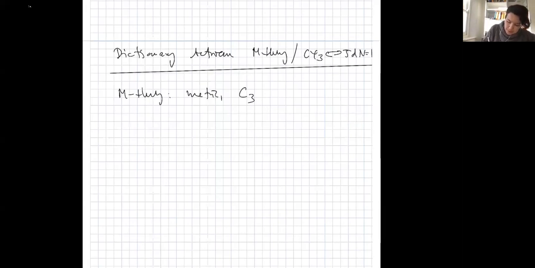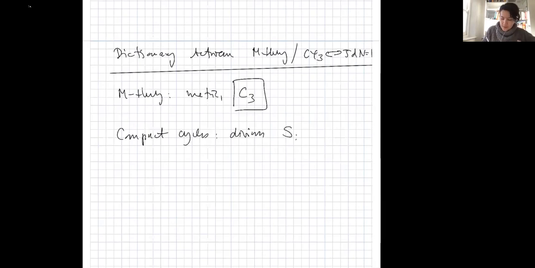So the main thing to focus on first is C3 and how we can actually decompose C3 along various cycles in the Calabi-Yau geometry. So we said we had compact cycles. So these are the divisors, S. And in fact, we can think of divisors, right? They're basically dual to line bundles.